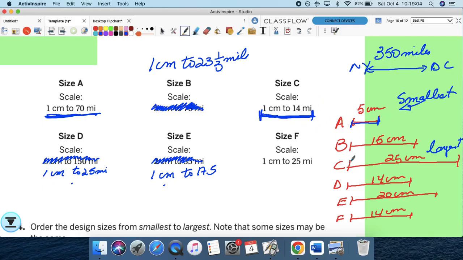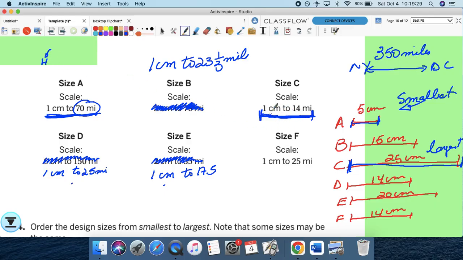On your design, it actually turned out to be the largest measurement in centimeters in your notebook. Why is that? Well, because in A, every centimeter, we're stacking 70 miles. Every little centimeter, we're putting 70 miles. So obviously, we cover more with fewer centimeters.